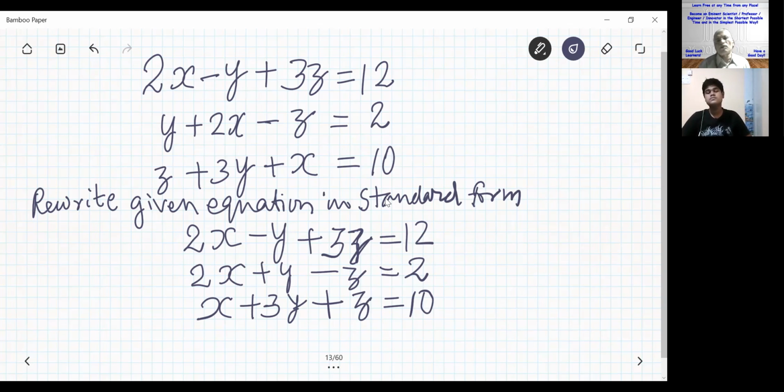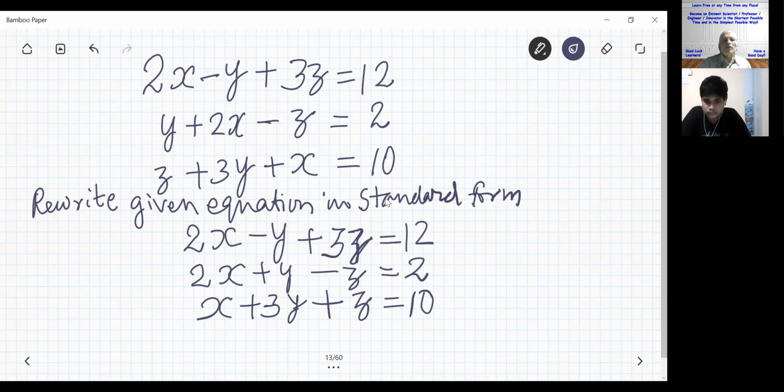Constants must be on the right hand side of the equal to sign. Sometimes they may give 2x minus y plus 3z minus 12 is equal to 0, but constant must always be written on the right hand side of the equal to sign. Now, once you do this, you use the same procedure for solving the problem.